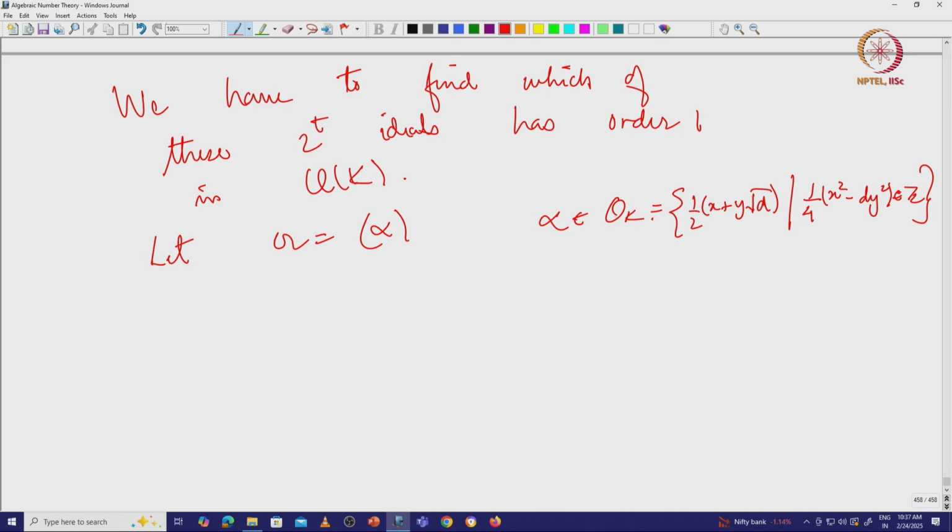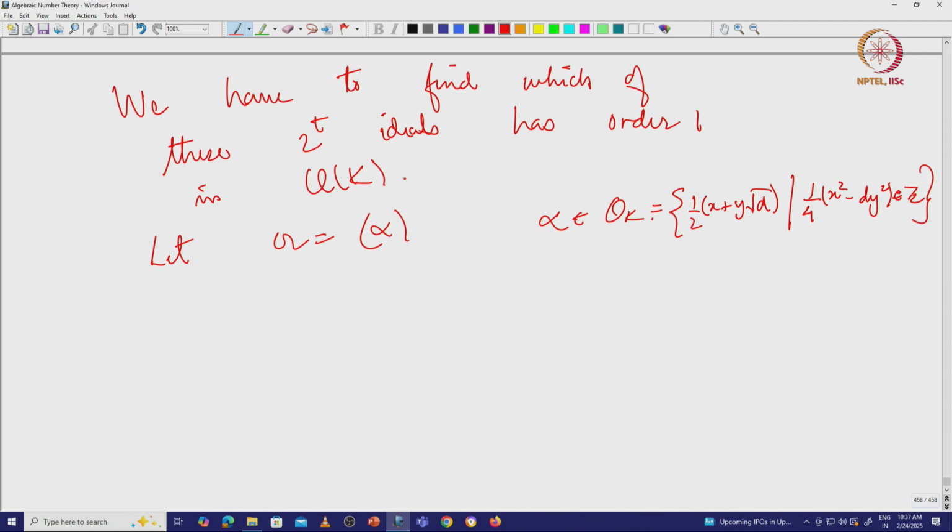Or d is even, so it is divisible by 4, in which case both x and y have to be even here, and you get that O_K is Z[square root of d/4], right.